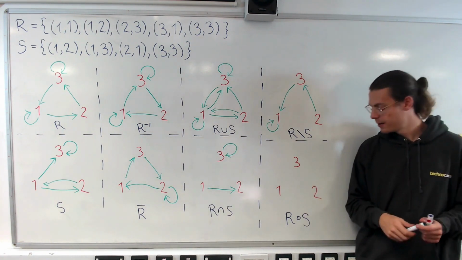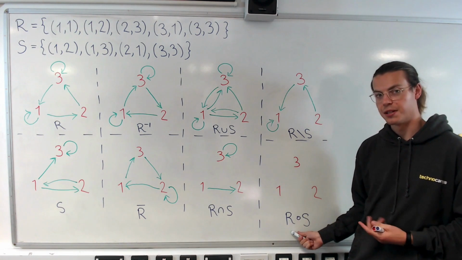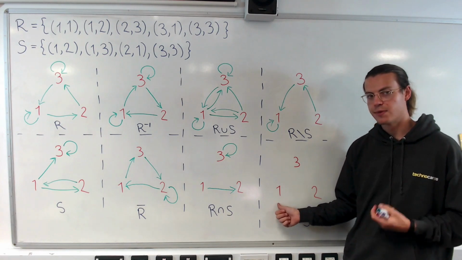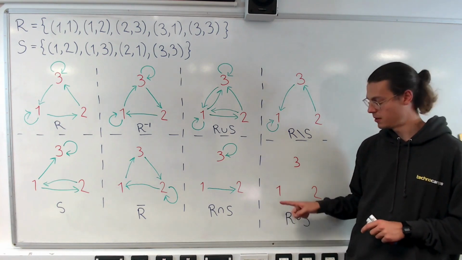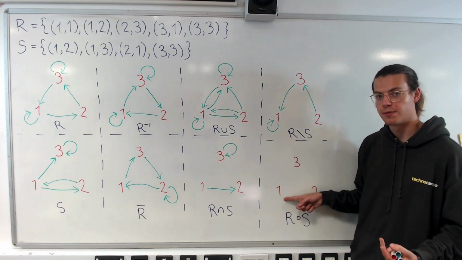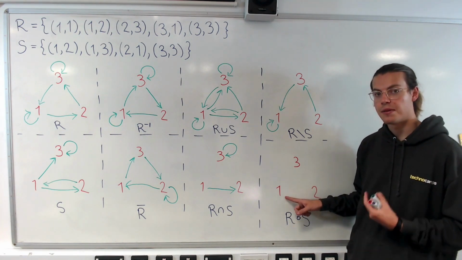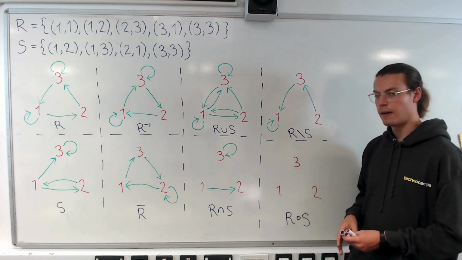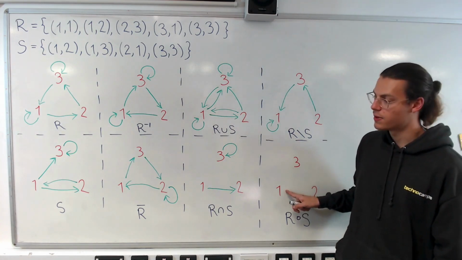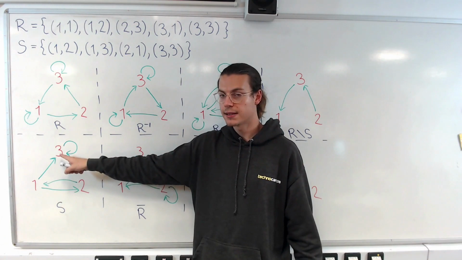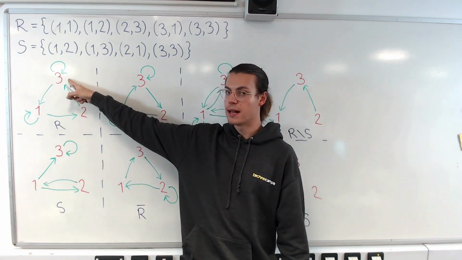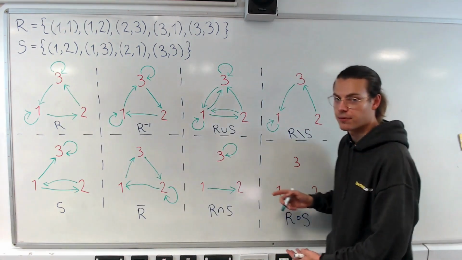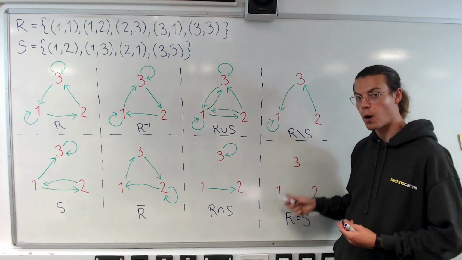Next, and finally, the composite relation, R composed with S. Now, to see what 1 is related to by this composite relation, we first see what 1 is related to by S, and then see what each of those numbers is related to by R. So first of all, 1 is related to 3 by S, and then 3 is related to both 1 and 3 by R. So in the composite relation, 1 is related to both 1 and 3.